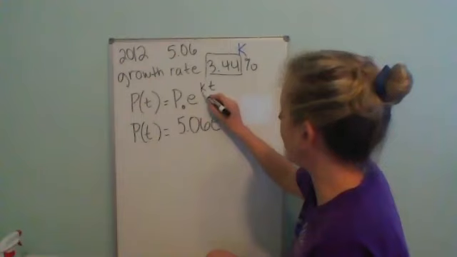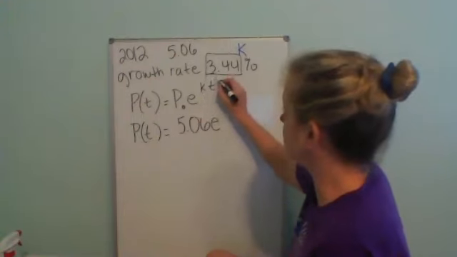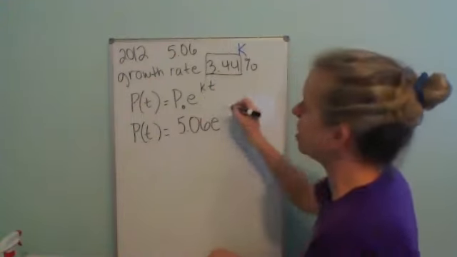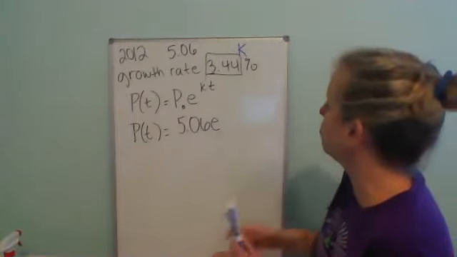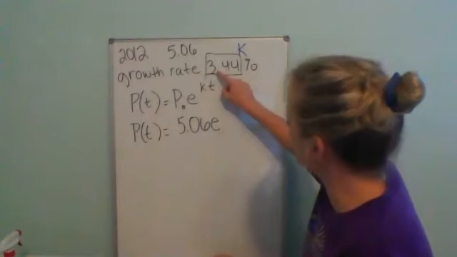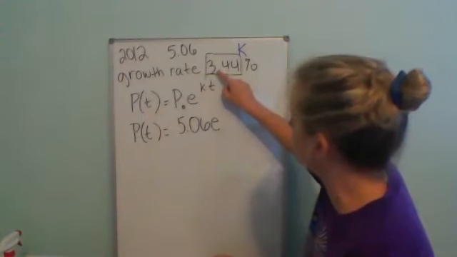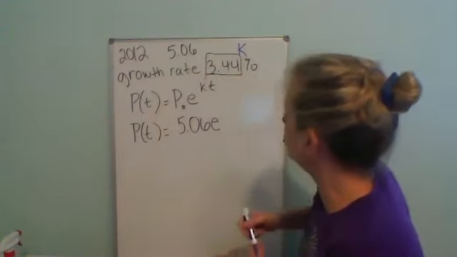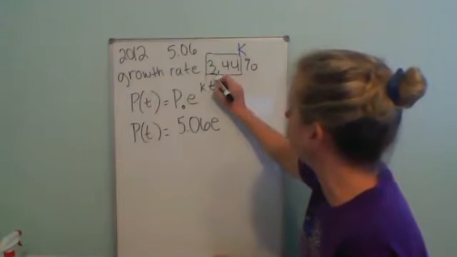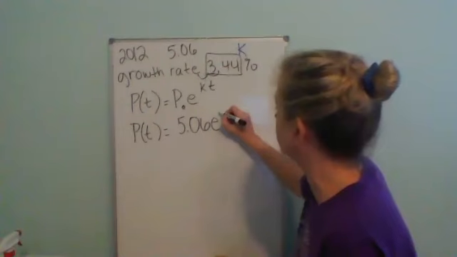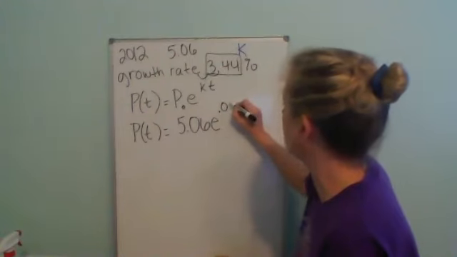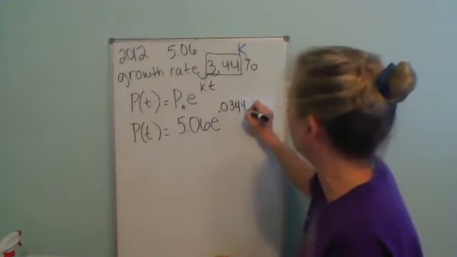The k is something else that we know, because that's the rate. When we plug this into the formula, we want to put it in decimal form. That means to move the decimal 2 places to the left and plug in a 0 in that missing spot, so it's going to be 0.0344.